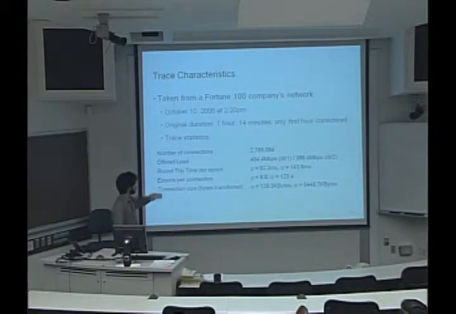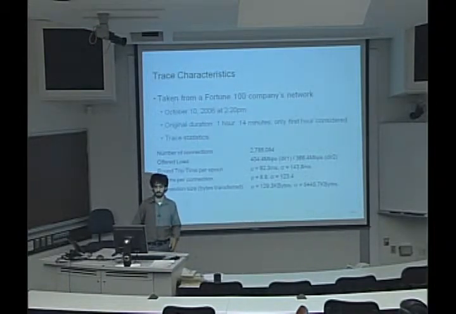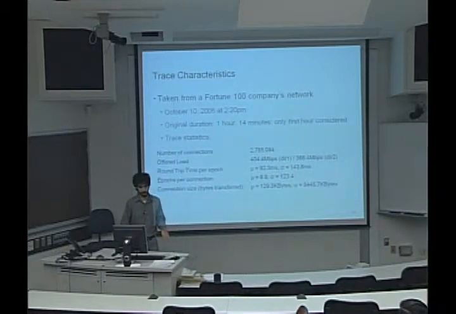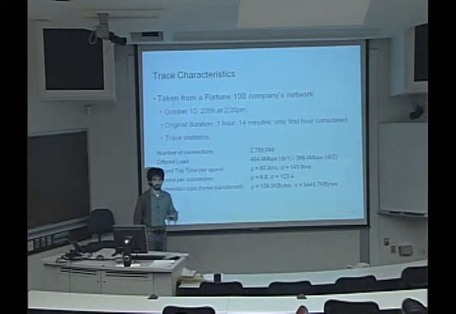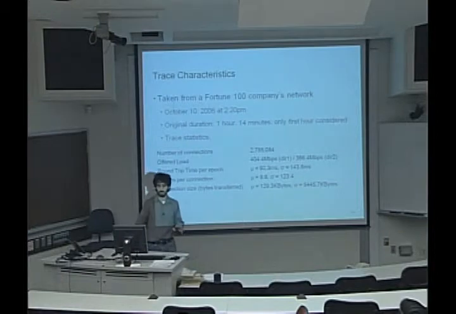Some just descriptive statistics here. I used 1 hour of this trace. During that hour, we saw 2.7 million connections, and the offered load was almost exactly 400 megabits per second in the high direction. The round trip time per epoch, the latency, if you will, the mean was 92.3 milliseconds.